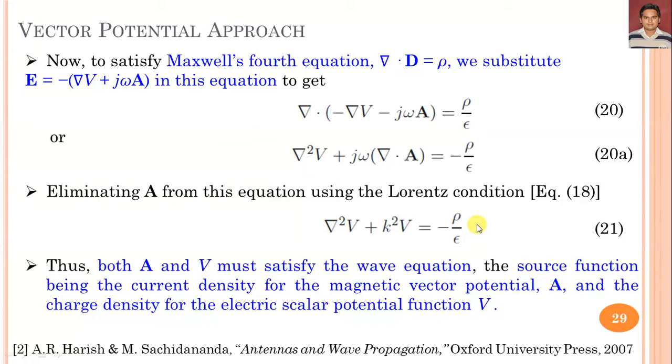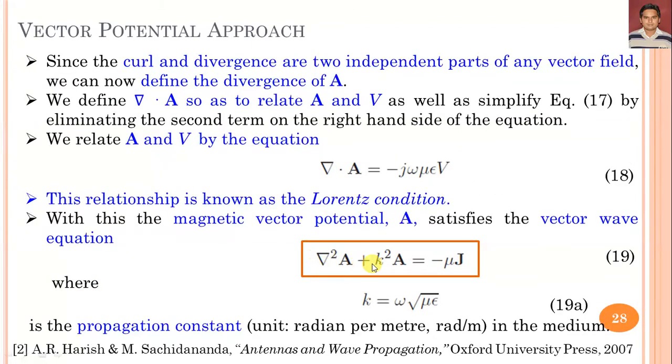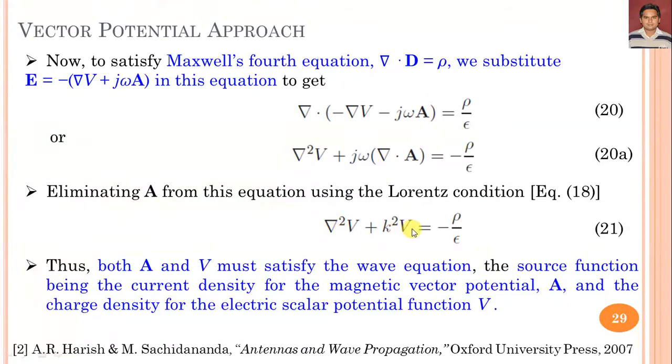So here you can see one equation is del square A plus k square A is equal to minus mu J, and another is del square V plus k square V is equal to minus rho by epsilon. So both A and V must satisfy the wave equation.